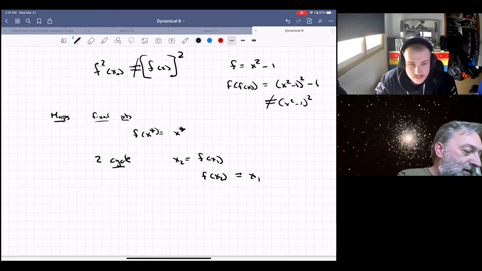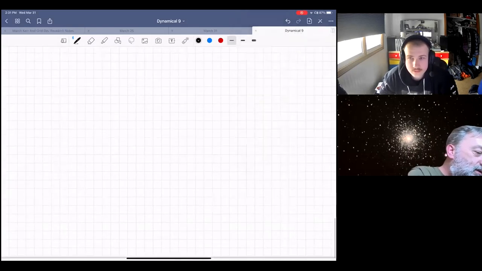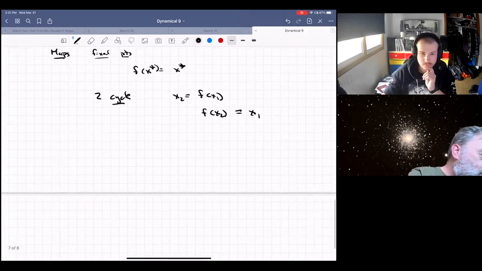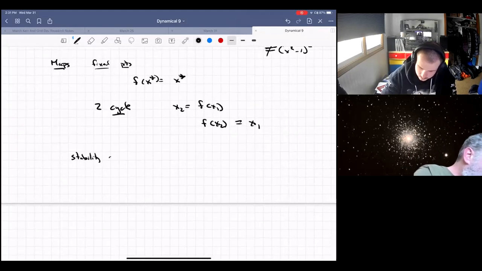Okay. So now the other thing that we can do with maps is we can also do stability of the map fixed points.